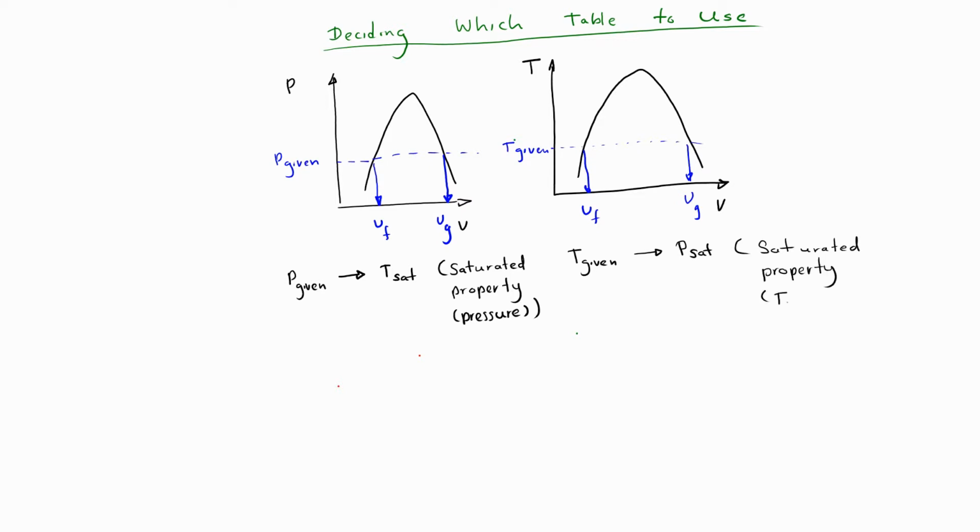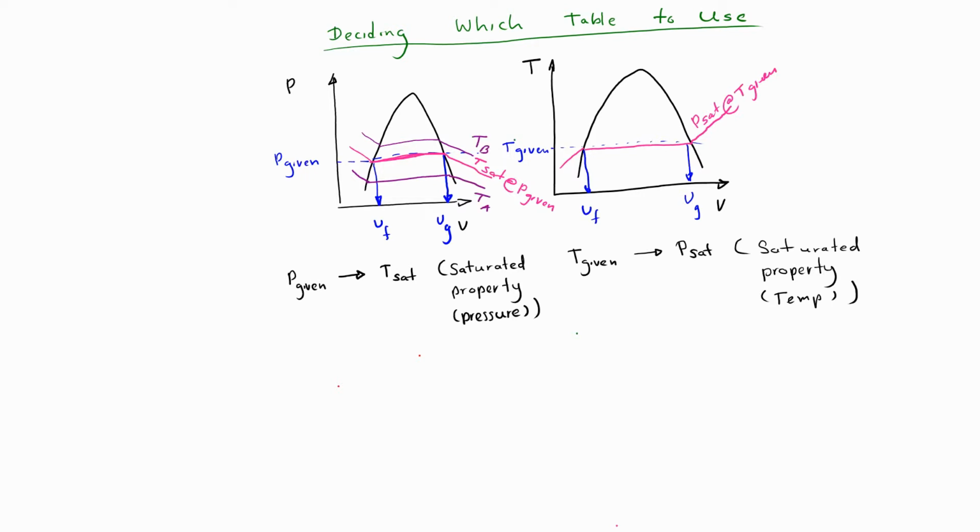When you find saturation temperature for a given pressure, you can draw that saturation temperature on your PV diagram as shown here. In the saturated mixture region, saturation temperature line and constant pressure line should coincide. If you are given a temperature that is higher or lower than your saturation temperature, we can draw that on our PV diagram as shown in here.